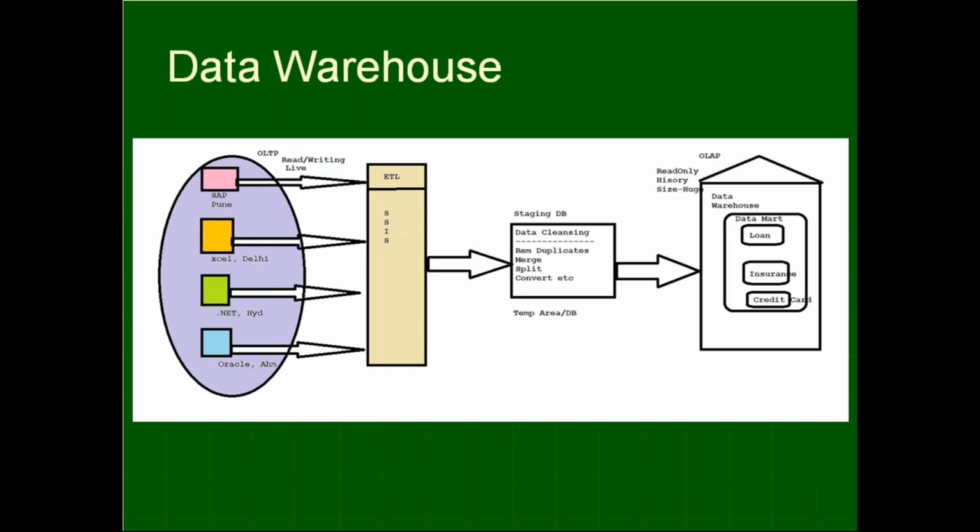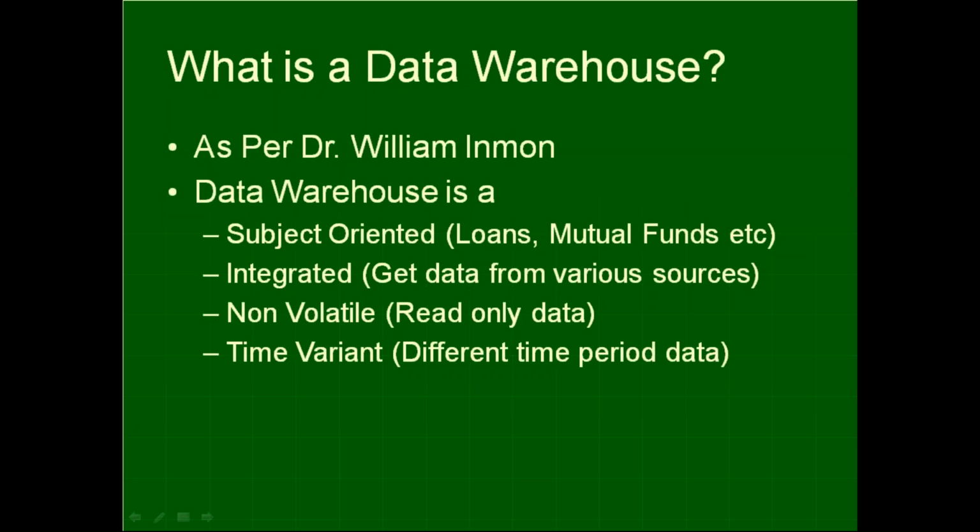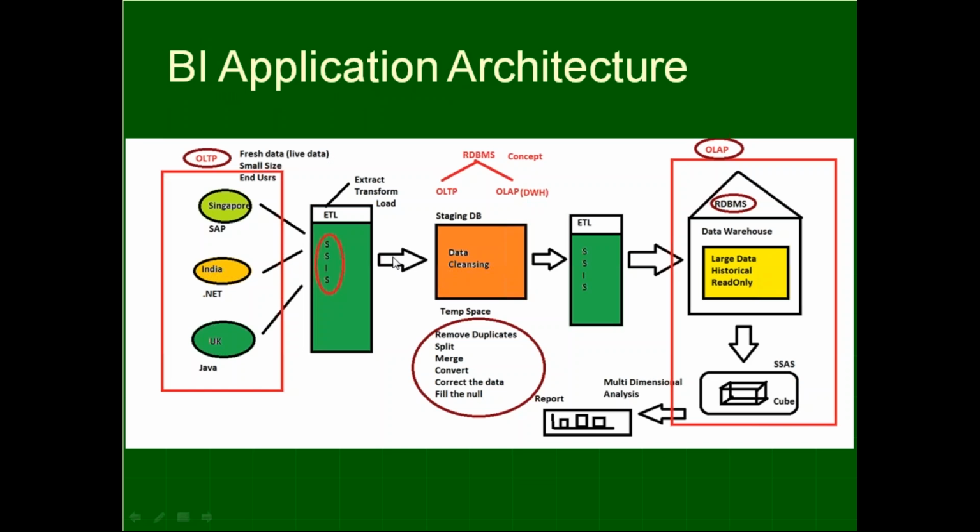Some people will run SSIS packages once every 30 days, so that you take all the data from here, put it into staging, and from there load the data. This is a clearer picture. Some people may use 45 days. Some people may use once a week.